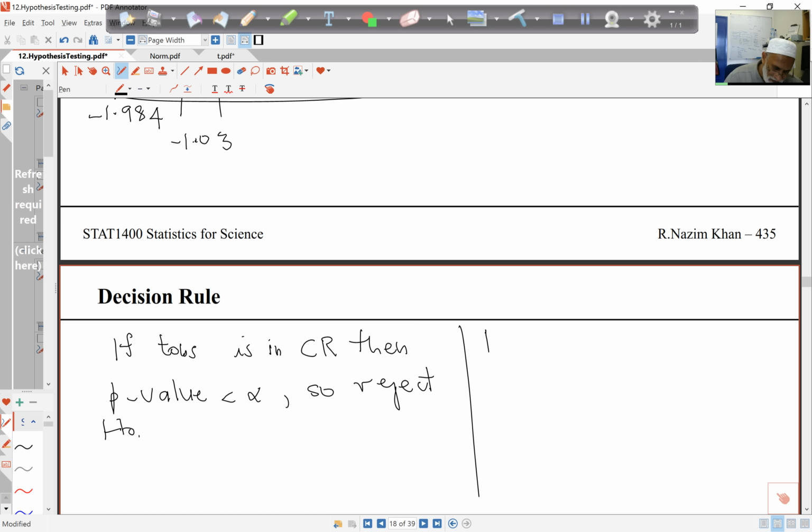On the other hand, if the observed value of my test statistic is not in the critical region, then clearly the p-value is bigger than alpha. So here we'll fail to reject the null hypothesis.